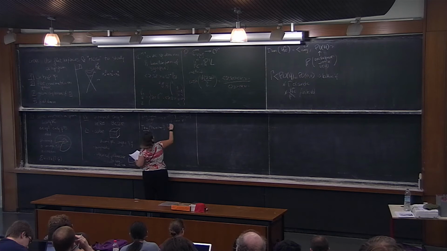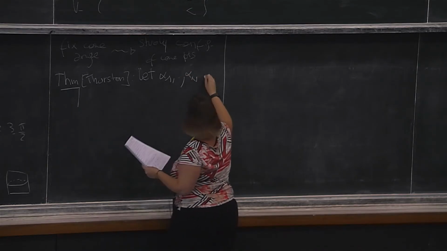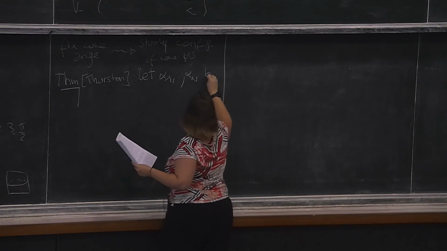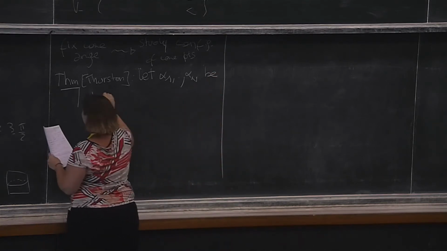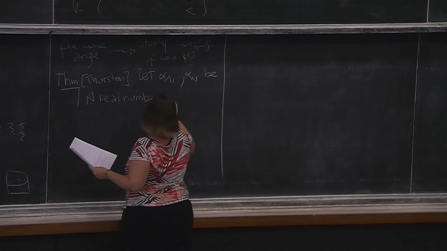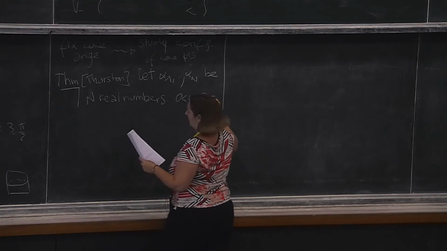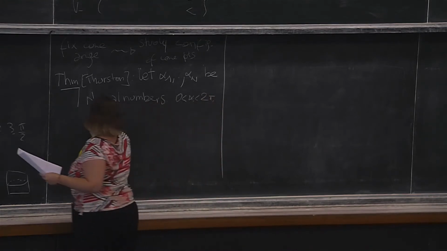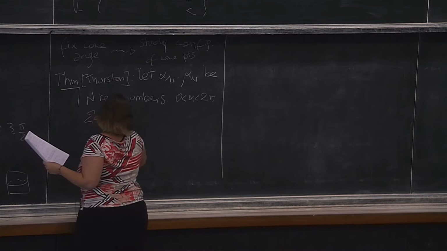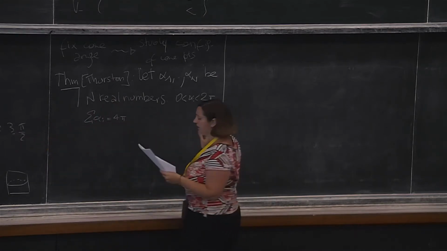So more precisely, we take n points and real numbers alpha i such that they are between 0 and 2 pi. Their sum is 4 pi. That is the thing that we said that we want to consider.